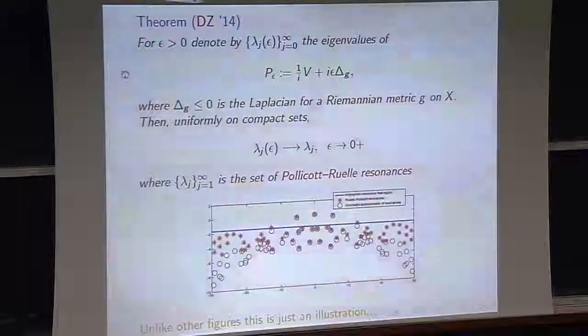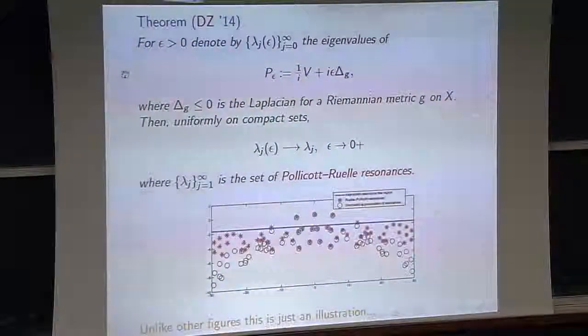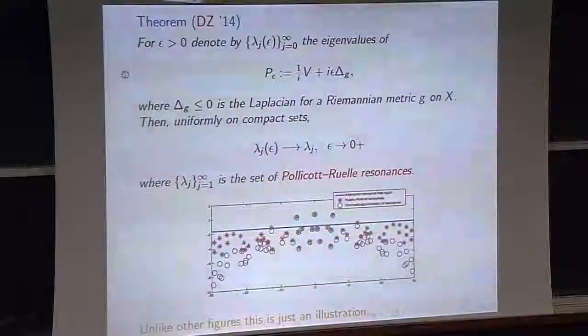The circles are a fanciful representation of the stochastic approximation. They will actually lie below a parabola at large values. These ones are a fanciful rendition of Ruelle-Pollicott resonances. And the approximation is, excuse me, uniform on compact sets.